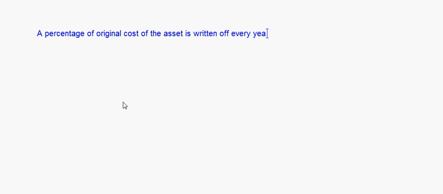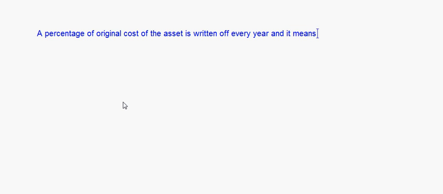So in the straight line method, a fixed percentage of original cost of the asset is written off every year, right?